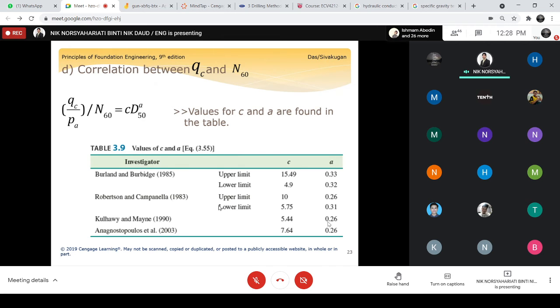Then the correlation between cone resistance and the N60, which comes from the SPT test, using a split spoon sampler, as in the SPT test earlier. So this correlation can be found using this equation.